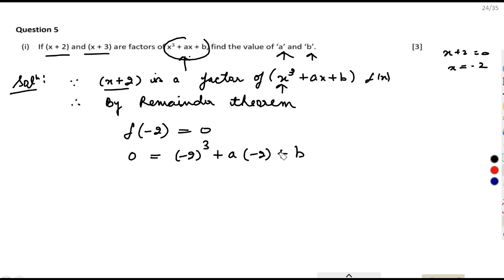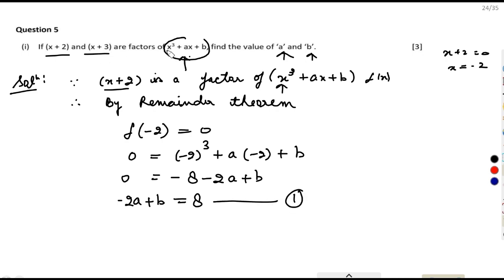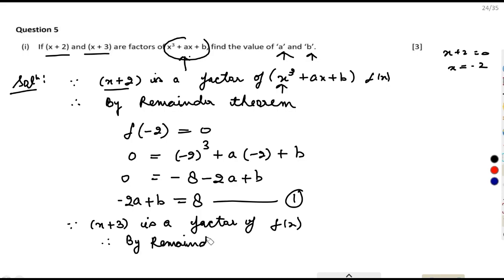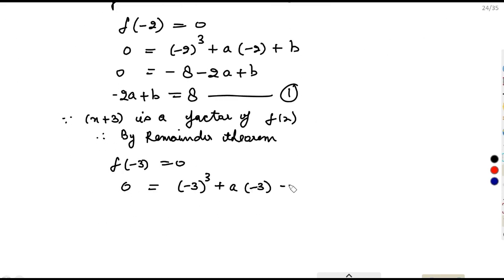You will get first equation in A and B. That is minus 2a plus b is equal to 8. Now x plus 3 is the factor of given function. Minus 3a plus b is equal to 27.